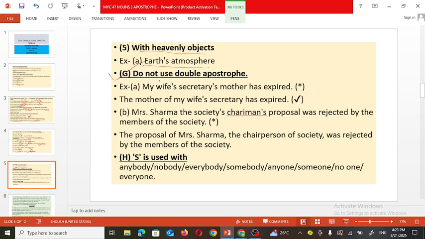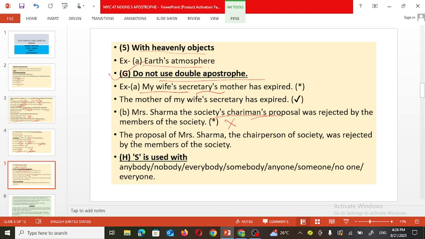Next rule is that we cannot use a double apostrophe in the same sentence. For example, "my wife's secretary's mother has expired." No. "The mother of my wife's secretary has expired." Only once can we use this apostrophe sign. Another example: "Mr. Sharma, the secretary society chairman's proposal was rejected by the members of society." So here it is wrong, as we have used this apostrophe sign twice in the sentence.